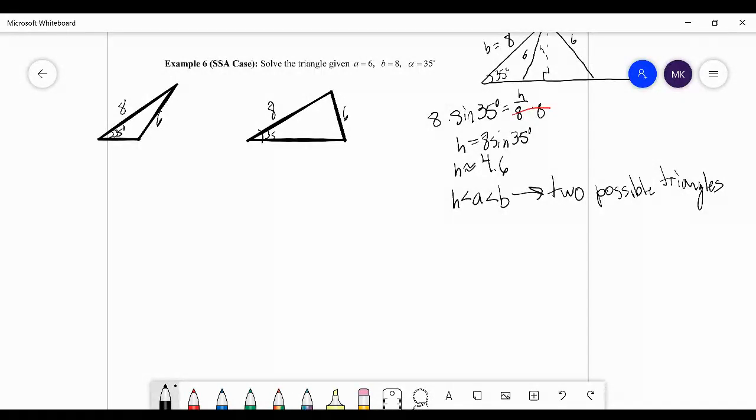And so what we're going to do is label these triangles. So we'll label this angle here beta 1, gamma 1. I'm running out of room. I am going to draw these a little bit bigger, give myself a little more room.